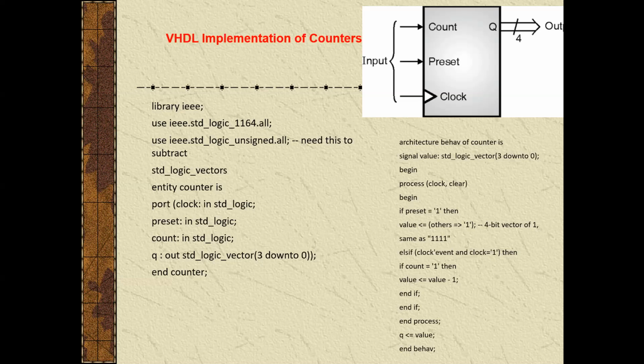Then we have to end the if statement, and because we have two if conditions, we have to end it two times. Then end the process, and finally Q will be assigned the value. After that we end the architecture using the name of the architecture. This is the way of writing the VHDL code for a 4-bit binary down counter.